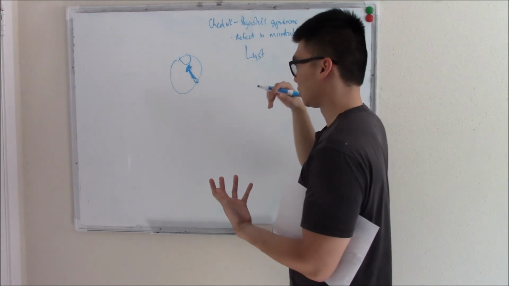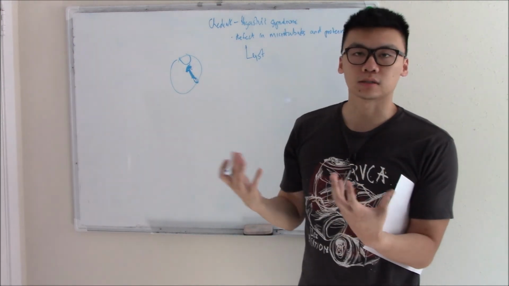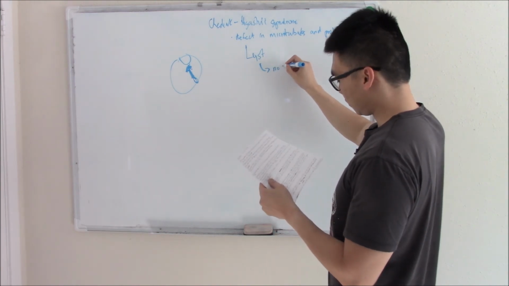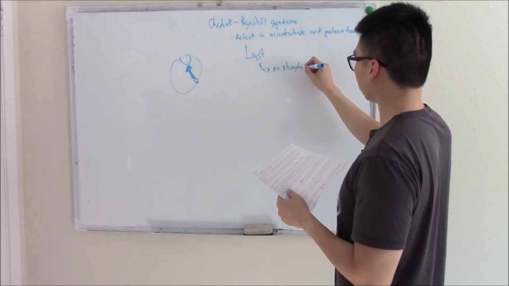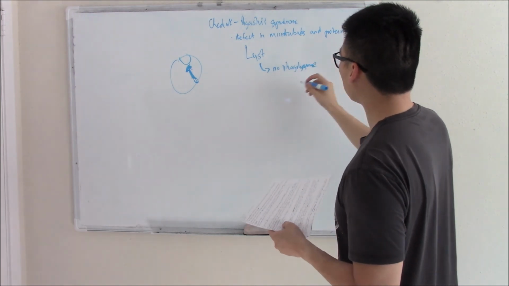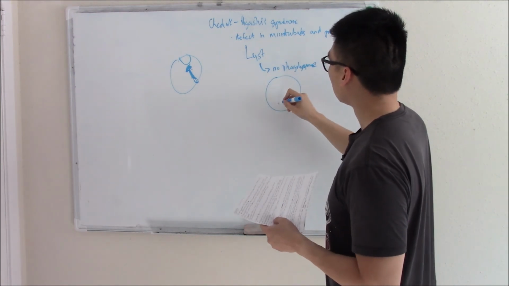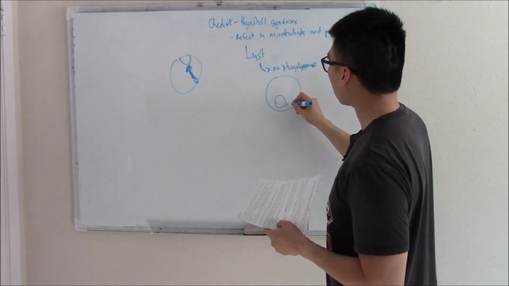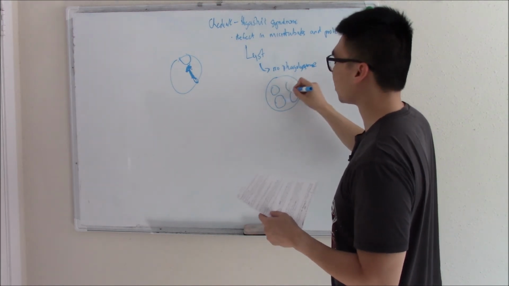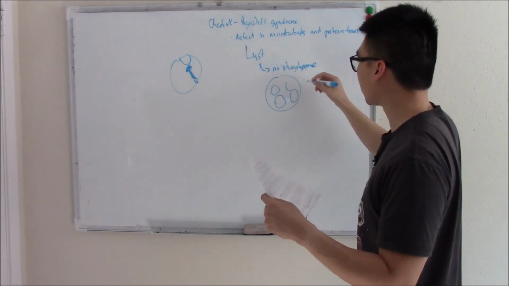You can't transport those, so no phagolysosomes. And if you look on a blood smear, those phagolysosomes won't be able to get transported, and they will stay in your cell, and they'll be huge. You get these huge granules.